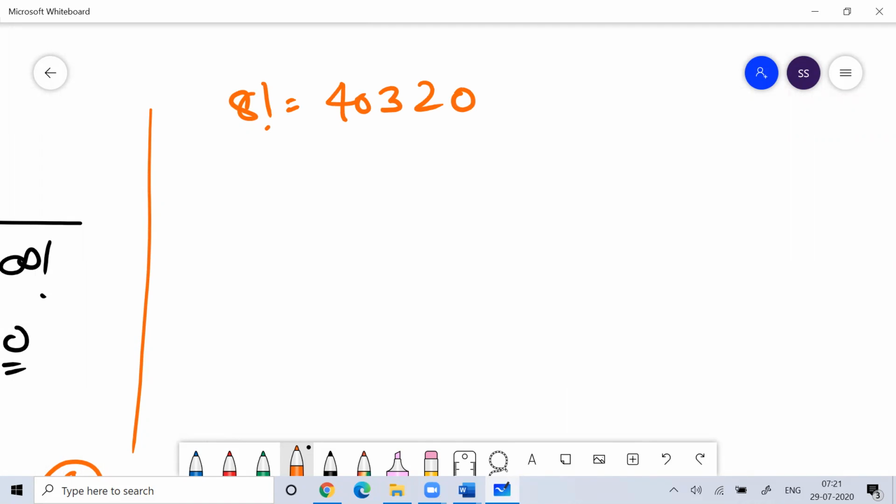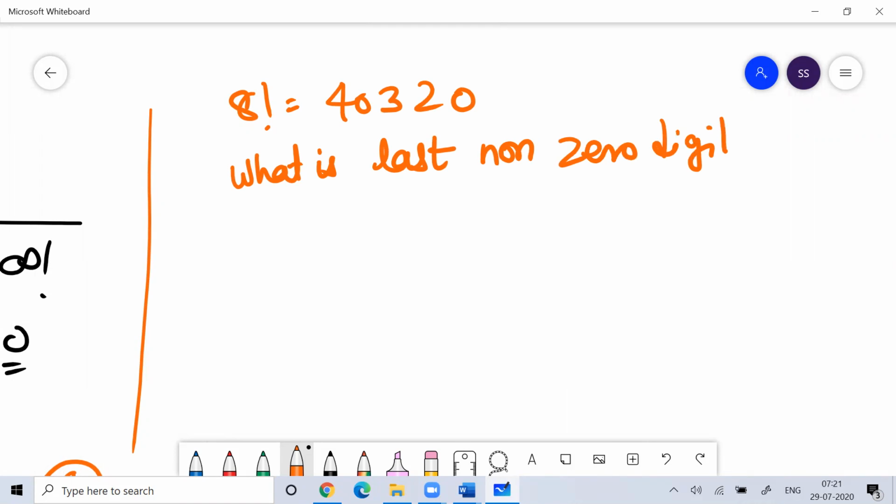If I ask you what is the last non-zero digit of 8 factorial, I am talking about this digit. Imagine the ocean of zeros starts from the zero; the digit just before that is called the last non-zero digit.